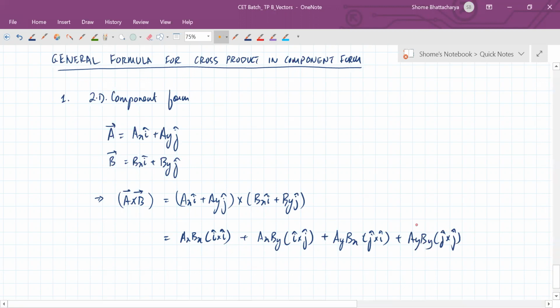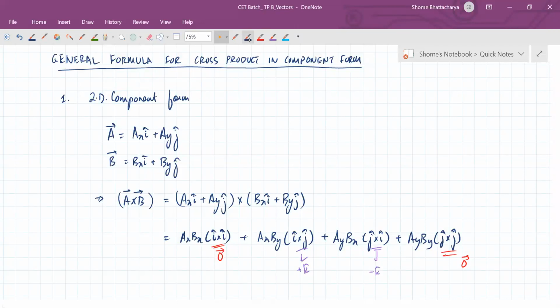So you can see that these two terms are null vectors, whereas this term is your positive of k cap and this term is your negative of k cap.